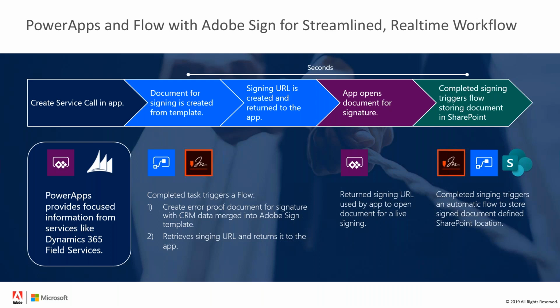What's great about this is that it creates a wonderful error-proof document, right? It retrieves a signing URL and returns it to the app. The app opens the document for signature. The returned signing URL is used by the app to open the document for live signing.